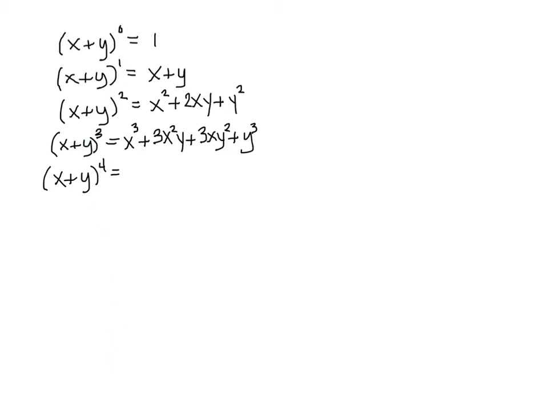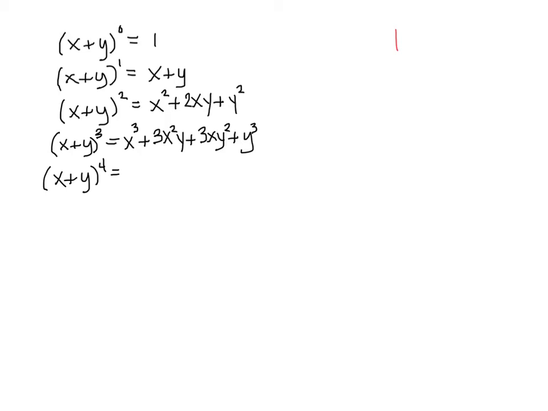If we were to expand each of these binomials, we know that anything raised to the 0 power is 1. We know that anything raised to the 1 power is itself. If we were to take the quantity x plus y squared, we would get x squared plus 2xy plus y squared, and so forth and so on. What Pascal's triangle does is just take those coefficients and create a triangle out of them.